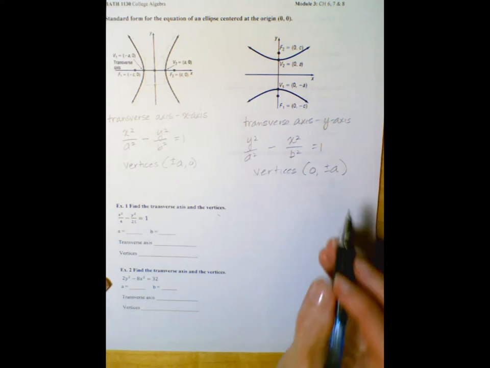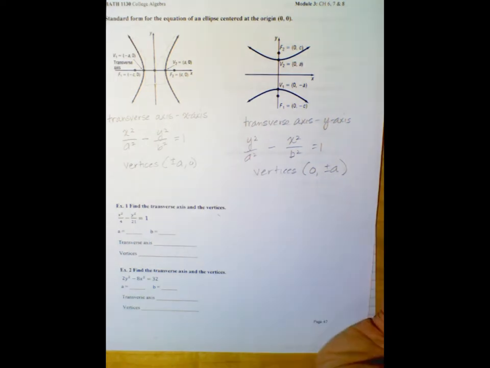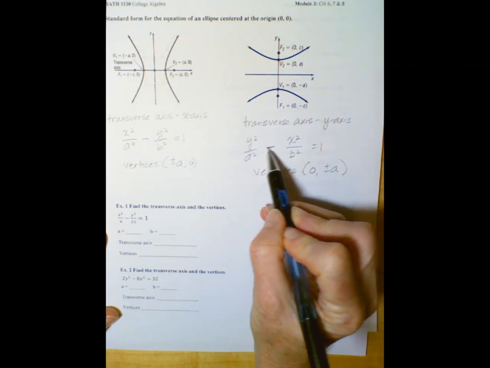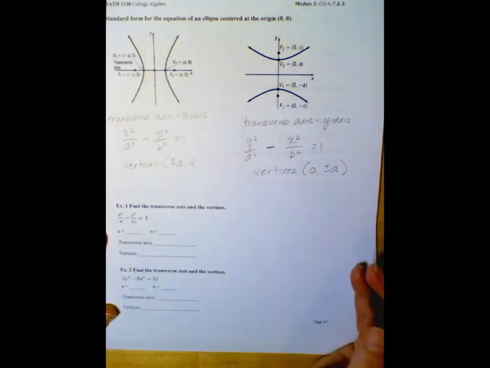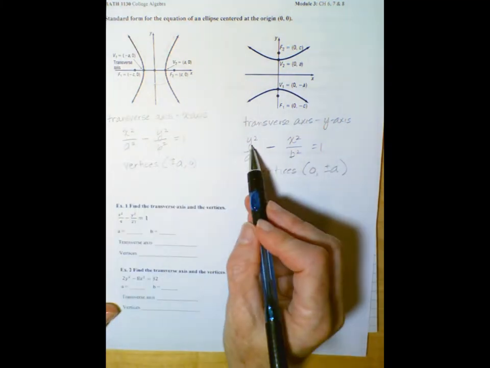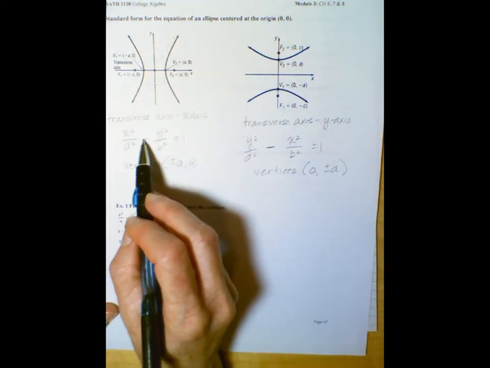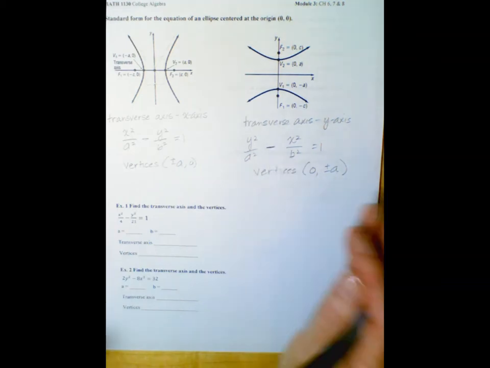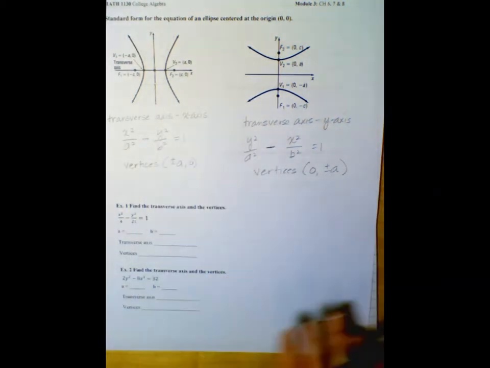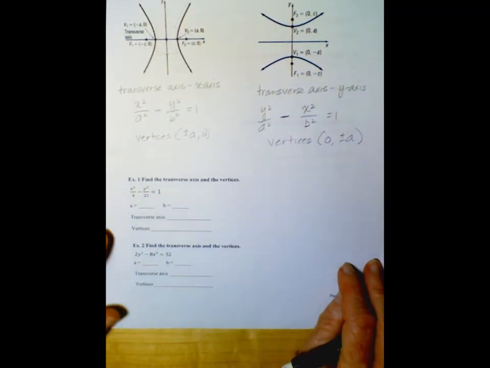Okay, so a is not necessarily the larger number. It could be the larger one, it could be the smaller one. But if you have it in standard form, how can you tell which axis is transverse? Well, in standard form, it's the one that's first, right? If you have the subtraction between them, you've got it in this format, then clearly it's the one that's first, or the positive one, if you want to say that.